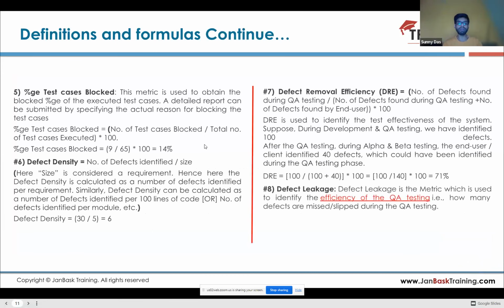So from there I am getting this kind of defect leakage, and now if the defect leakage is very high, in that case we need to see where we are missing, whether we are missing in the requirement gathering or requirement analysis phase, or whether we have missed some test cases while writing them, and that's why there was less test coverage, and that's why we didn't test a particular requirement, and that's why the defects are coming during the UAT phase from that particular requirement.